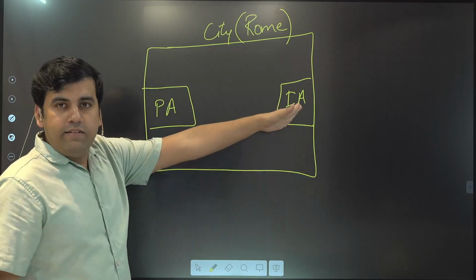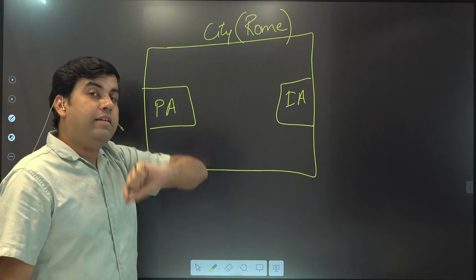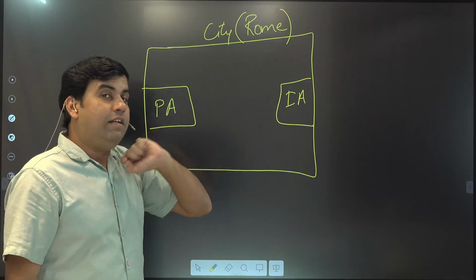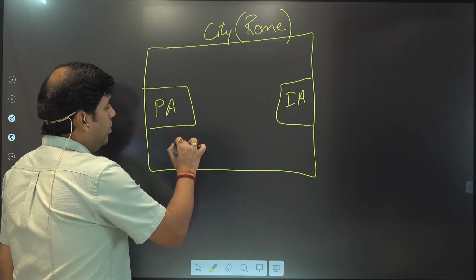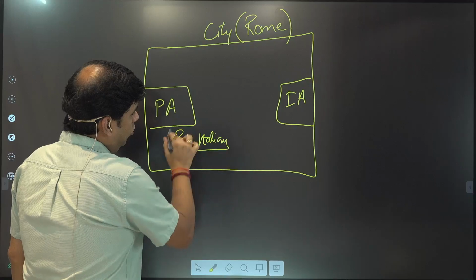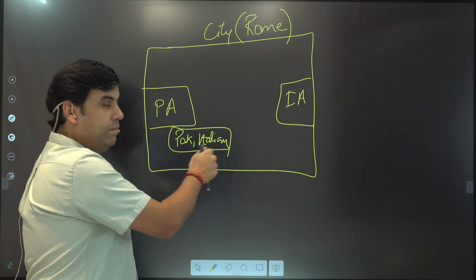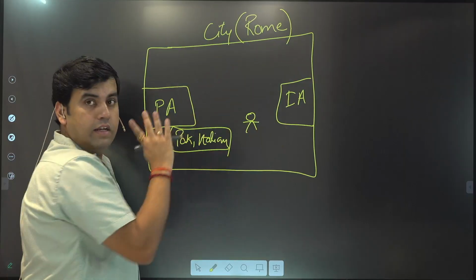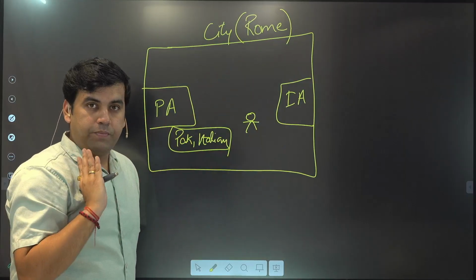Now let's say there is an Indian who was beaten up by some people, and those people were Pakistanis and Italians. Together this group beat up an Indian person inside Rome's territory.